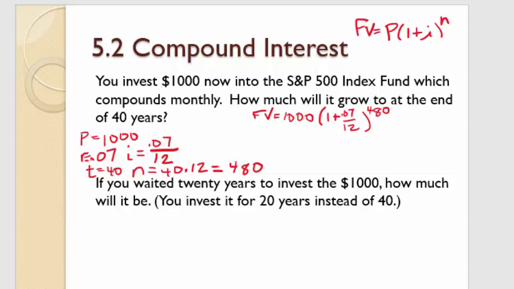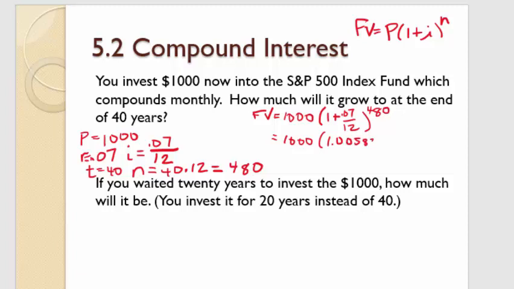Now, applying order of operations means that I need to go into my parentheses and do that first. So I have to divide 0.07 by 12 in my calculator and then add 1. Then I need to raise that to the 480th power. So it looks like 1,000 times 1.005833.